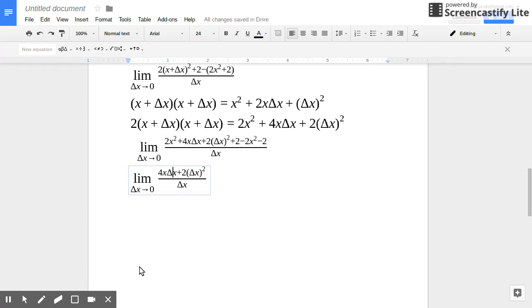Okay, so as you can see here, we have a delta x, and we have 2 delta x's. We have this delta x in the denominator, so we're going to be able to cancel that delta x out because we have one here and we have 2 of them here. All right. Okay, so let's see what that's going to give us once we do that.